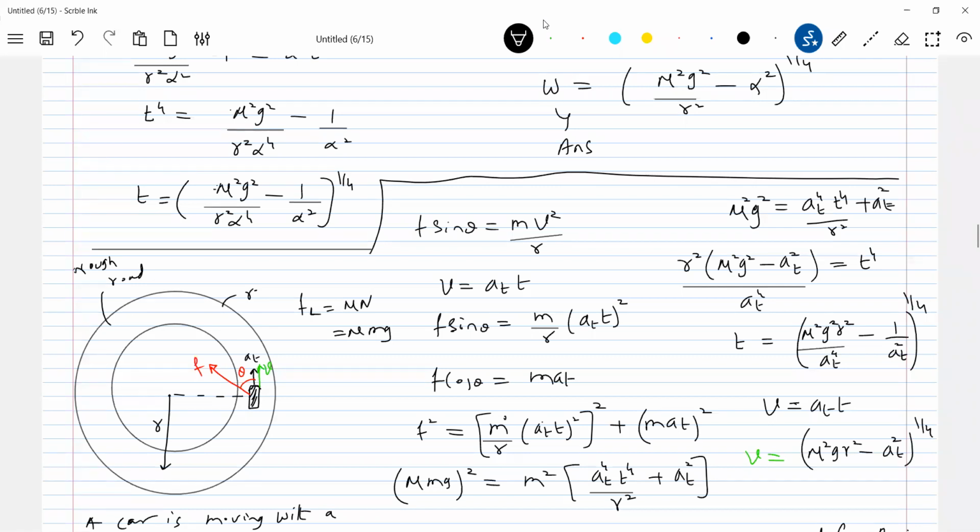So this should be our expression. The expression for speed will be to the power of 1/4. So don't get confused here, sir; 1/4 is possible here. If the speed of the car becomes greater than this, then slipping occurs. The friction will not be sufficient. Fine, all of you. Just different cases I brought up.